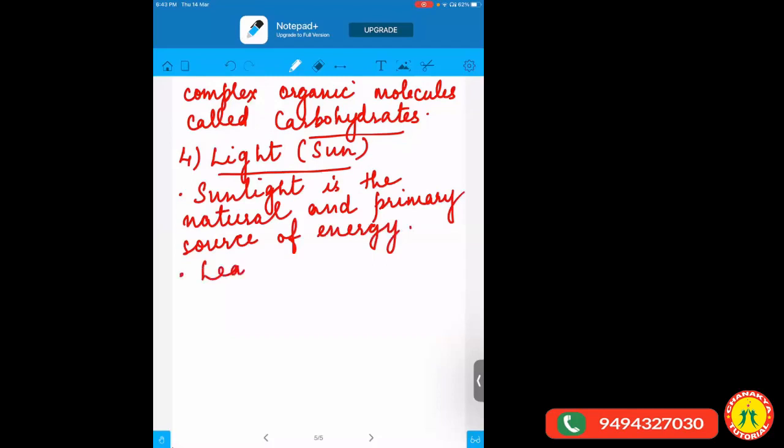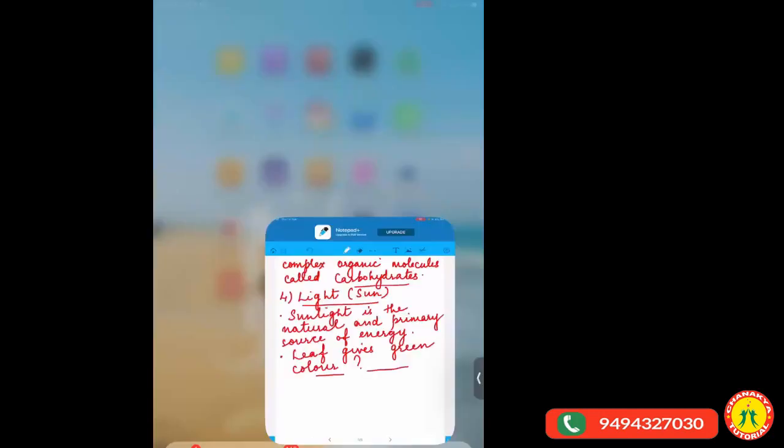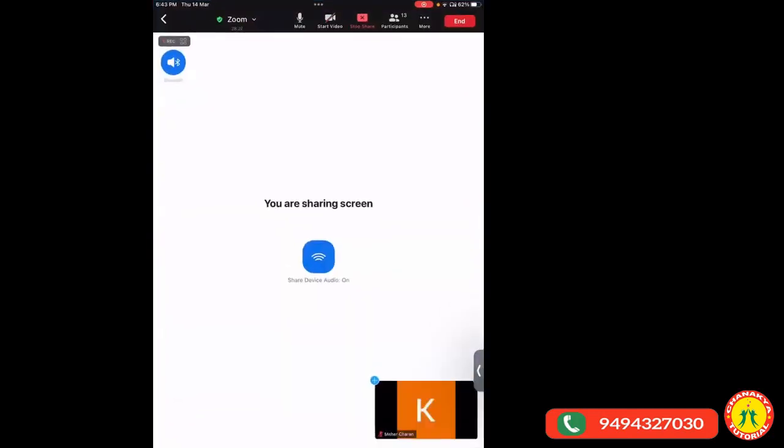Now, why does the leaf give green color? Why does the leaf give green color actually? Why does it not appear red or blue in color?